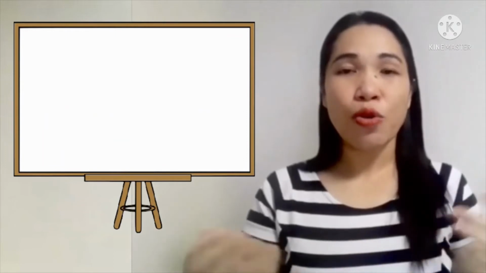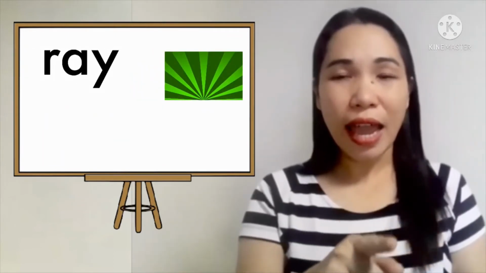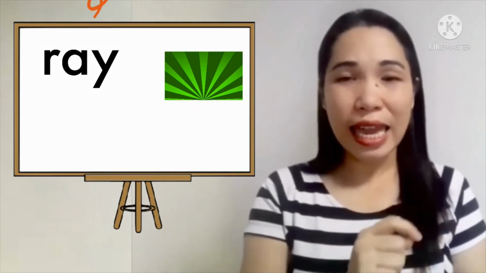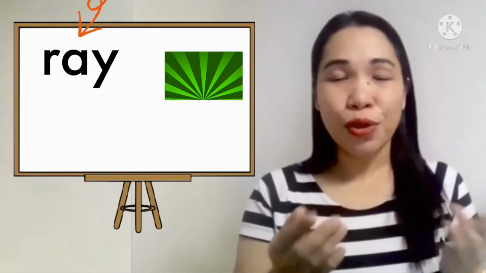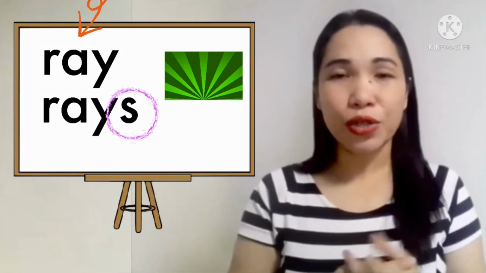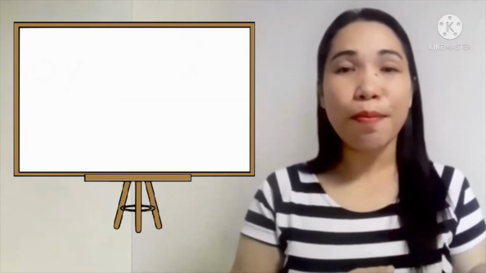For example, ray, R-A-Y. The letter before Y is A, and we know that A is a vowel. So for ray, we'll just add S to make it plural. So ray, rays.